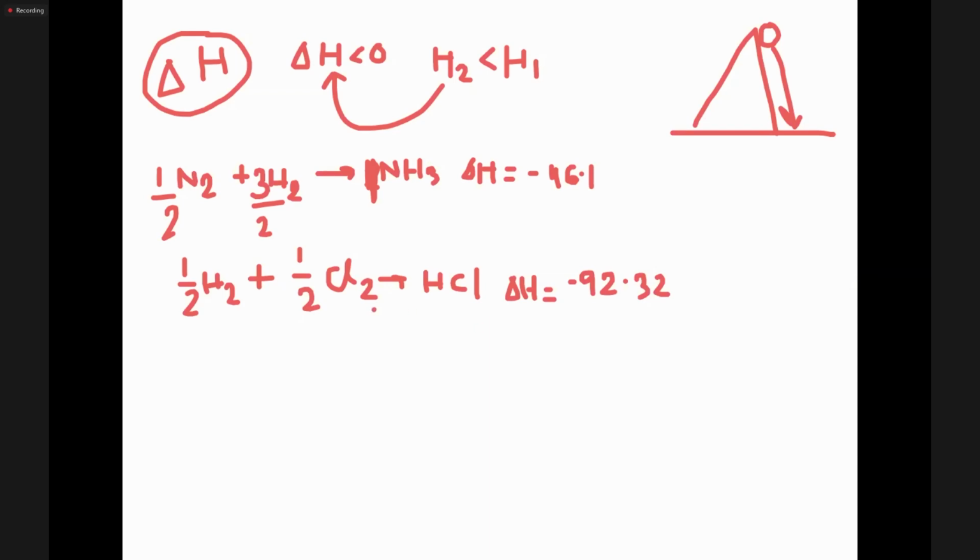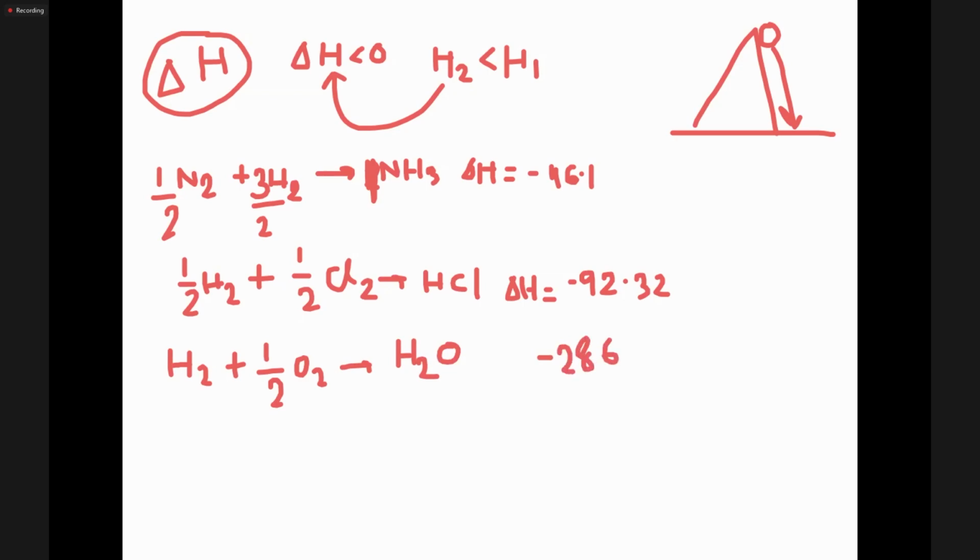The formation of water from H2 and O2, the reaction that I showed you the first time. From H2 and O2 it will produce H2O, and the delta H value in this case is minus 286 kilojoule per mole.